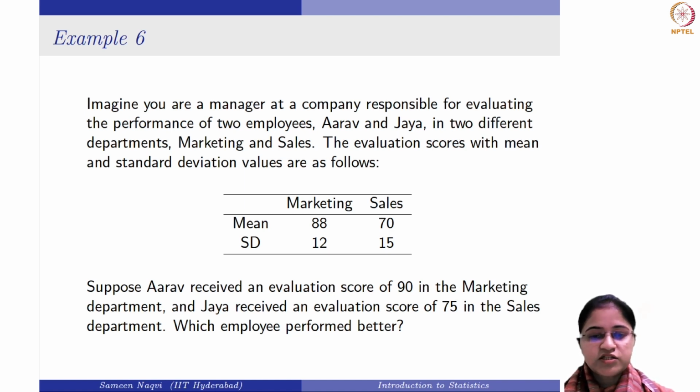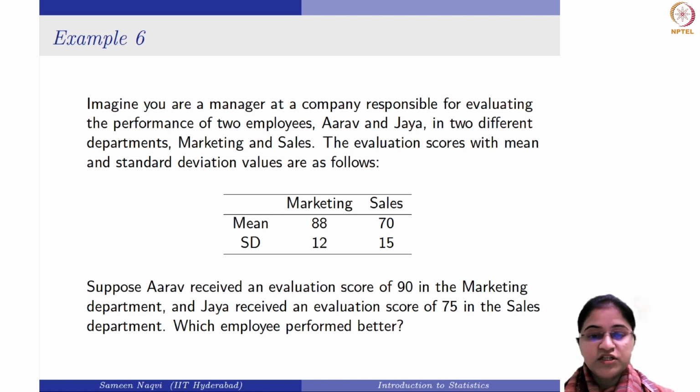So in this case, if someone just tells you that Arav has scored 90 and Jaya has scored 75, then one might think that Arav has performed better than Jaya because he has scored more. But here is the mistake, because you are just considering their marks and you are not focusing on what the evaluation criteria are in different departments, and that varies.